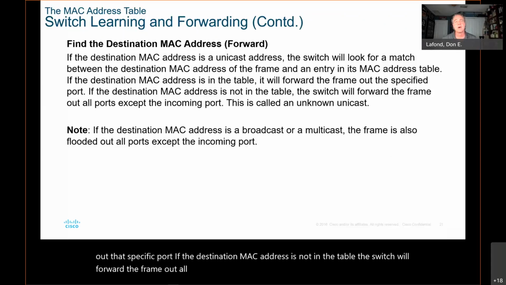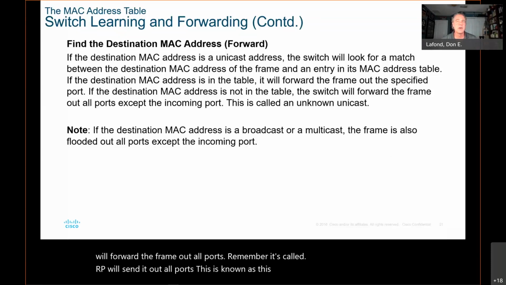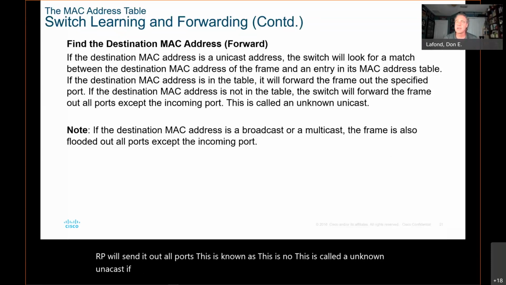Remember, it's called ARP. It will send it out all ports. This is called an unknown unicast. If the destination MAC address is a broadcast or a multicast, the frame is also flooded out all ports except for the incoming port.